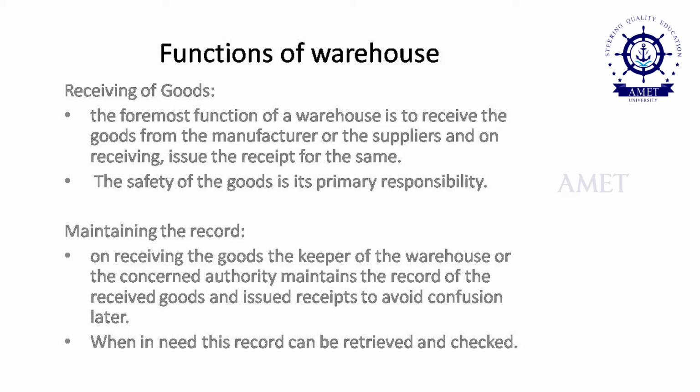If I type into a system, say Panasonic, with this particular number, I may get a list of identities with individual numbers. If I select the number, immediately it has to show which rack and what the package number is, and so on. Then only the skilled labor can go to that particular rack, pick the product and get it to the consumer immediately. When in need, this record can be retrieved and checked.